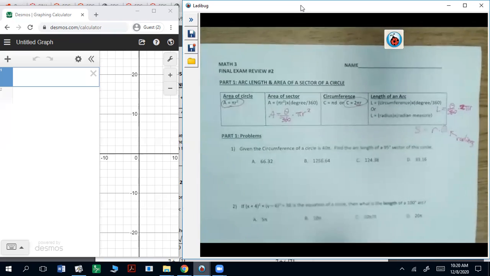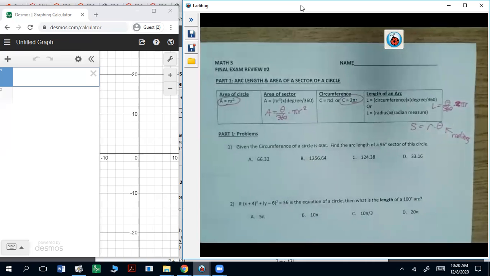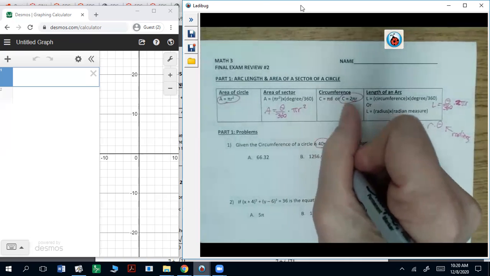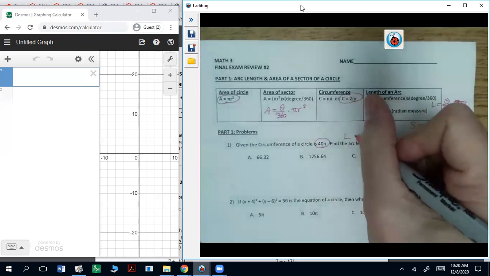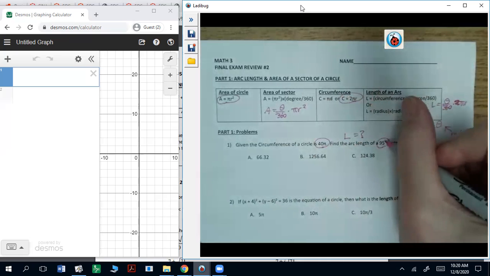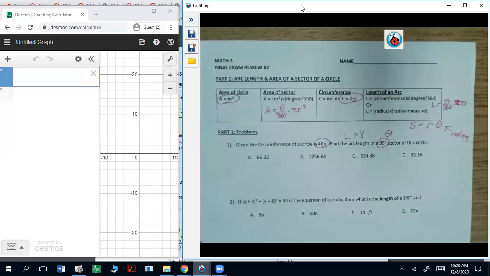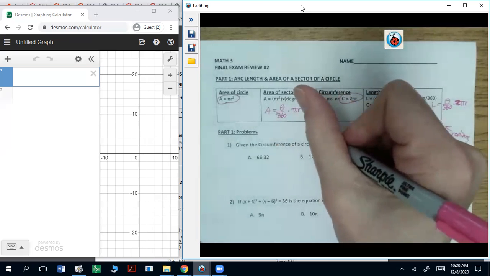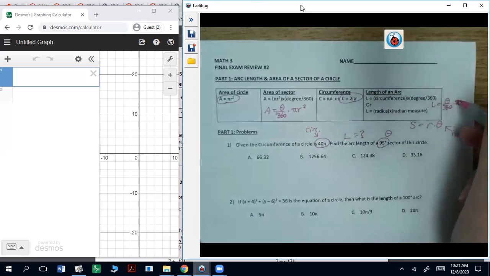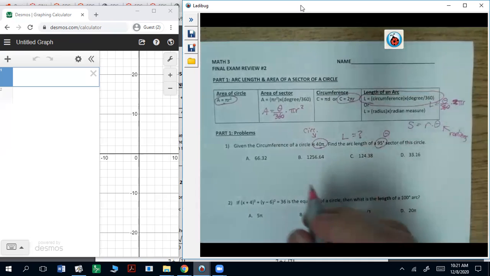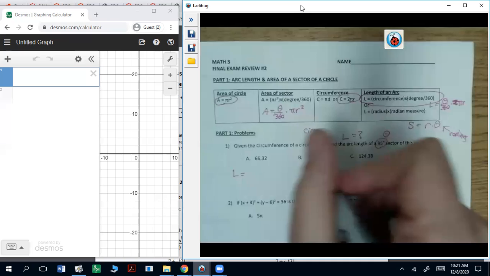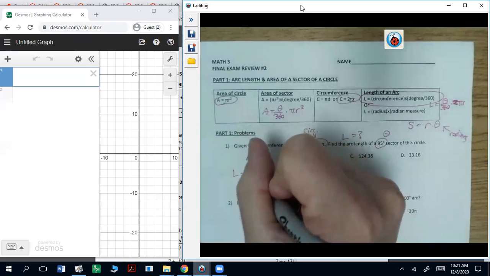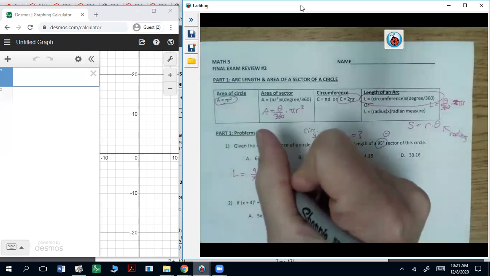Given the circumference of a circle, what is the arc length? We know the degree is 95 and the circumference is 40 pi. So we can use the circumference formula and the degree over 360 to find it. L equals degree over 360, so 95 over 360 times 2 pi r.